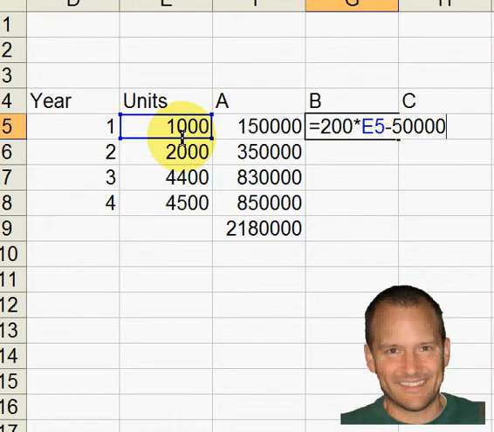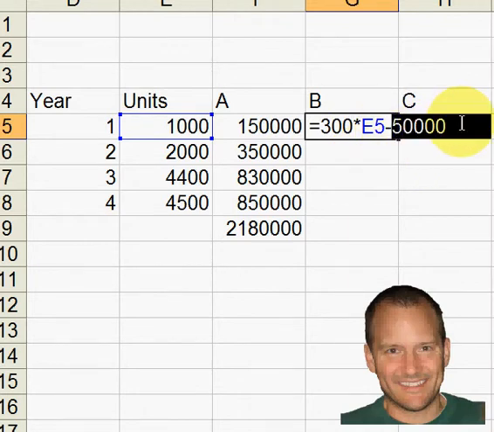I could have used the absolute reference, but you also see in here that I need to change my formula for B. My contribution margin for plan B was my 500 sales price minus my 200 cost, or 300, and my fixed cost on plan B was not 50,000, now it's 500,000.